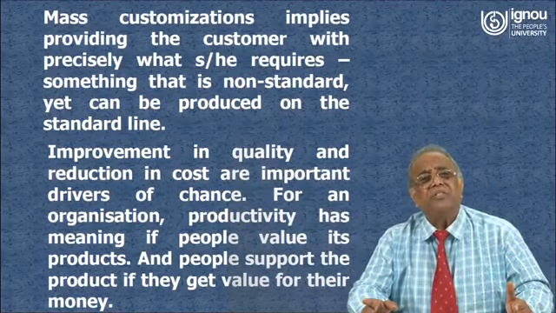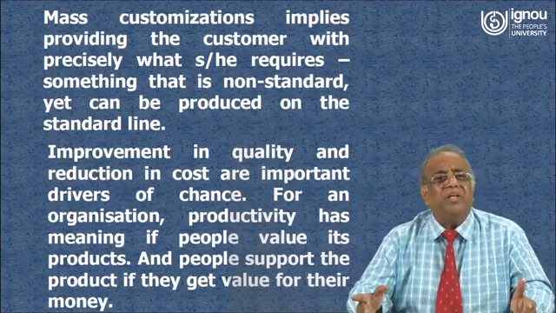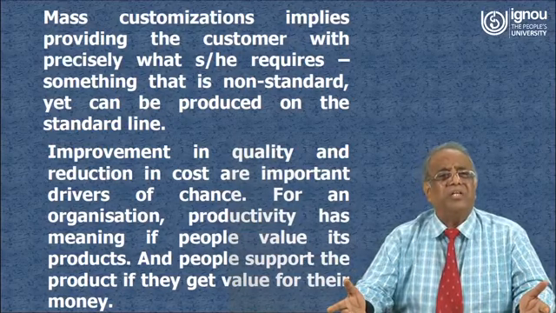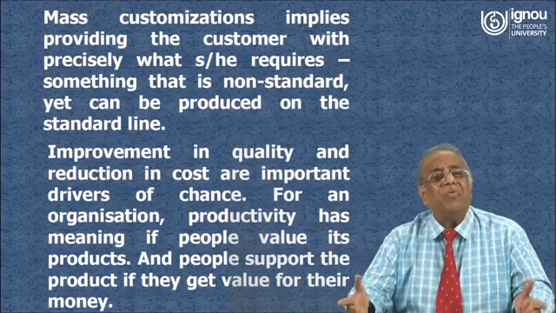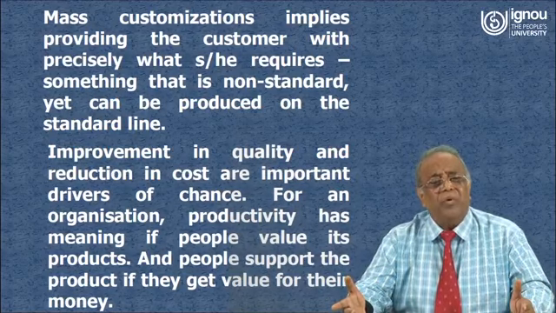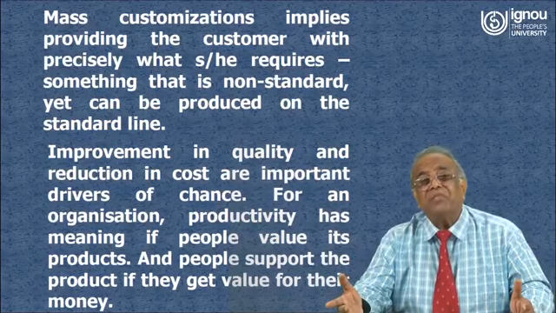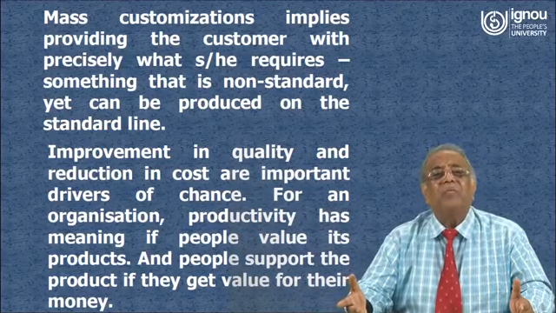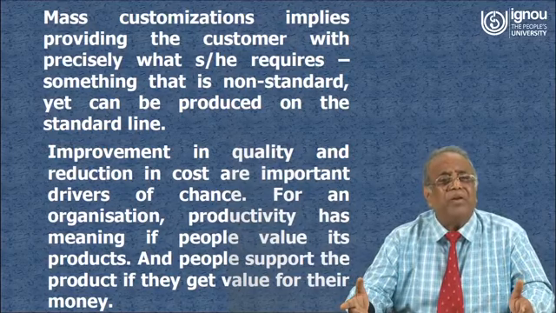Mass customization implies providing the customer with precisely what he requires. Sometimes that is non-standard, yet can be produced on the standard line. Suppose bicycle manufacturers are producing bicycles for customers, but if some customer says that he would like to have some extra features, then the bicycle has to be provided with those particular features.